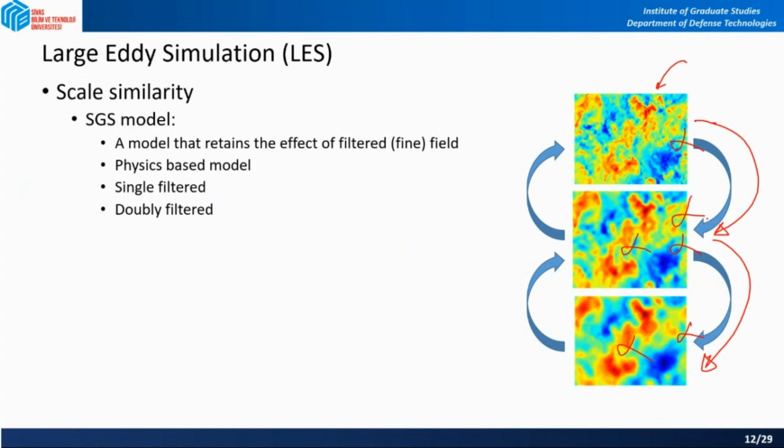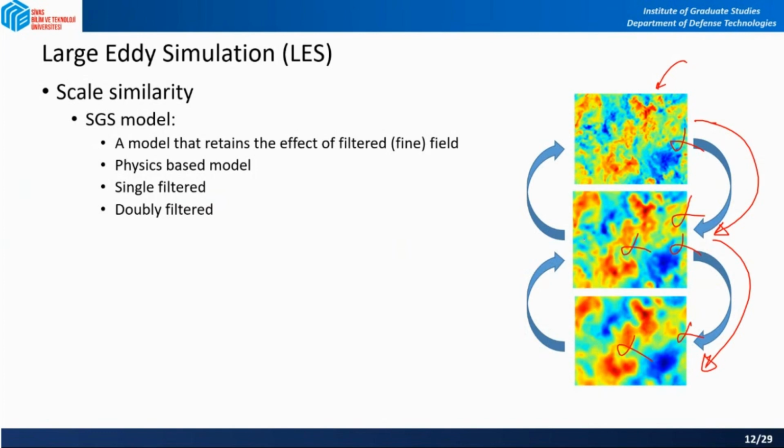And actually, this is called scale similarity. Scale similarity means that you assume you have the same dynamics between large scales and medium scales as those that you have between medium and small scales. Did you get what I mean about scale similarity?